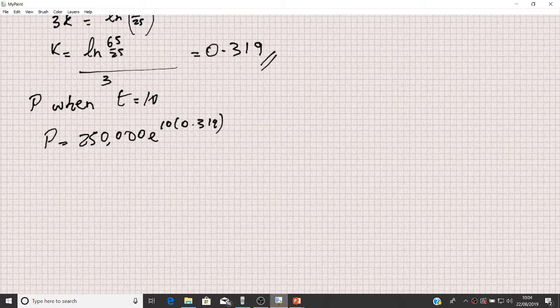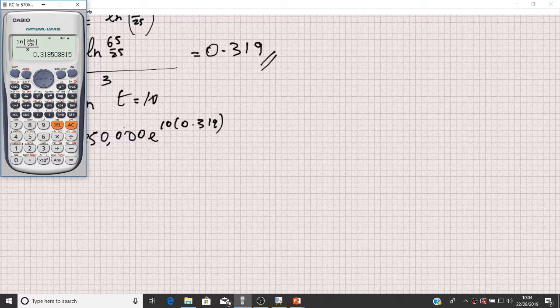And I'll just bring that up on the calculator to compute that value, and that will be the first example complete. So we have 250,000 times e to the, shift over ln, 10 times, and I'll just pop in answer because the previous answer is exact, and it was the value of K that we last had on the calculator.